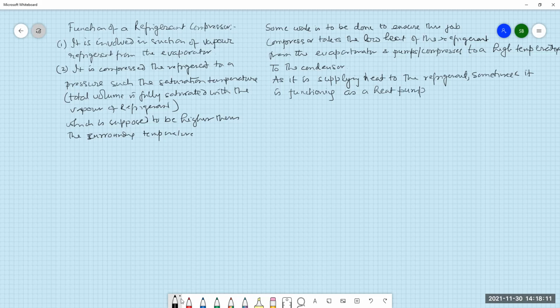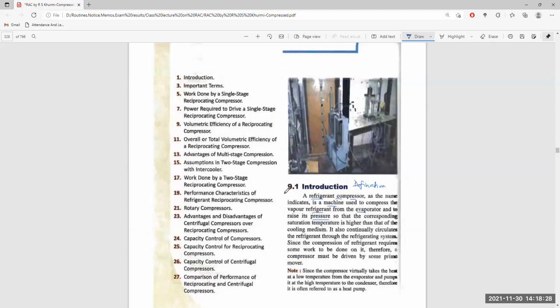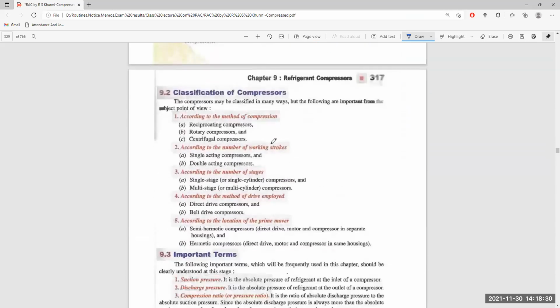Now, what is the classification of the compressor?